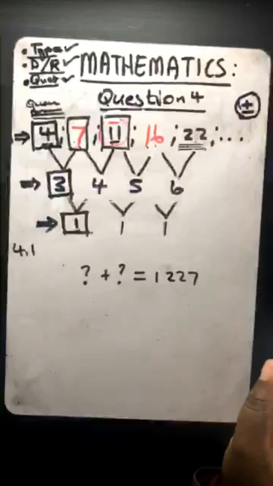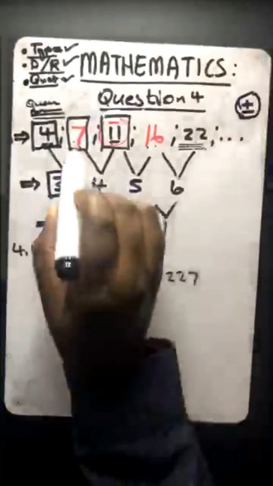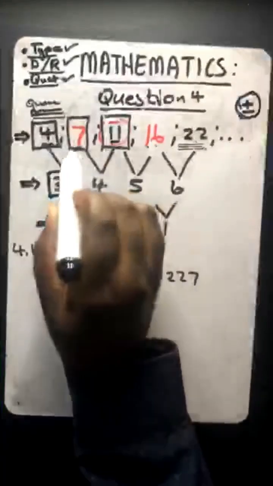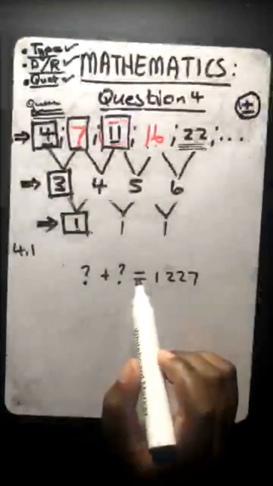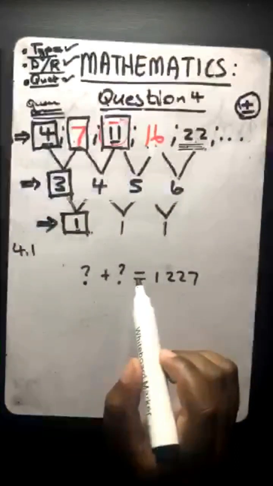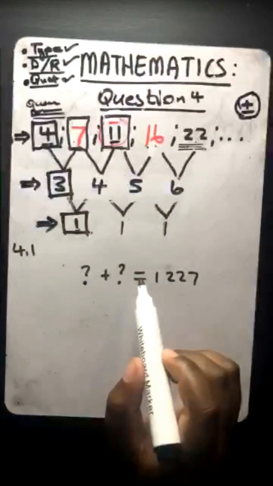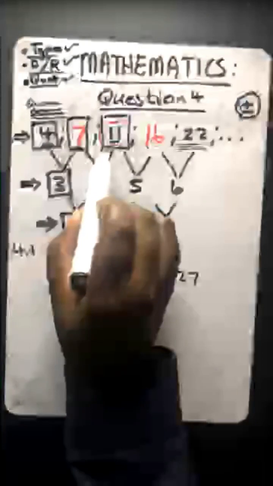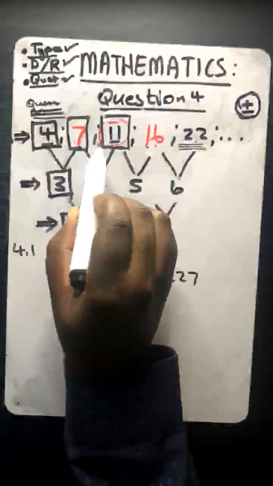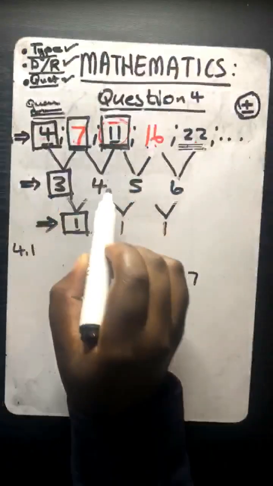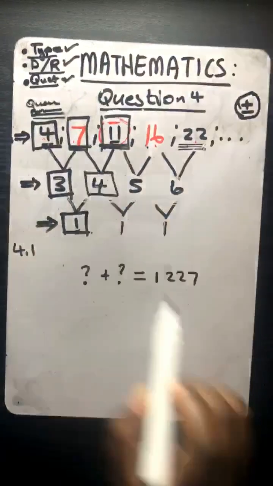Now the question is not asking what stand numbers those are. They are just saying calculate the difference between these two numbers. So they want to know the difference between that number of people and that number of people.